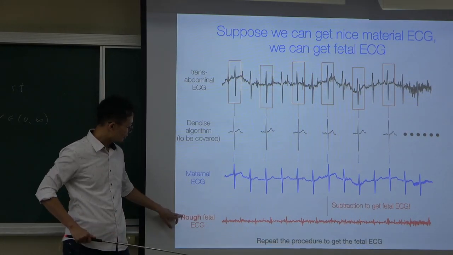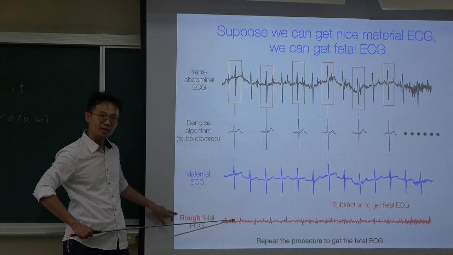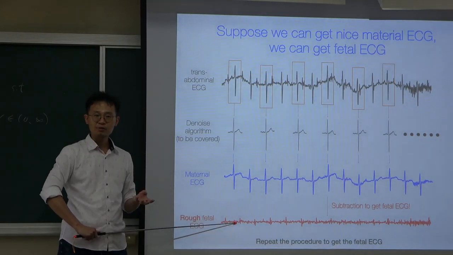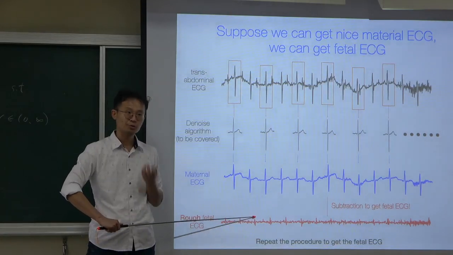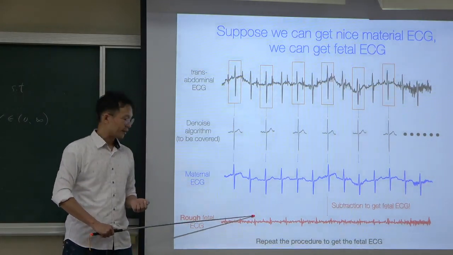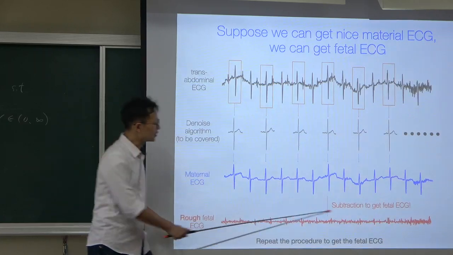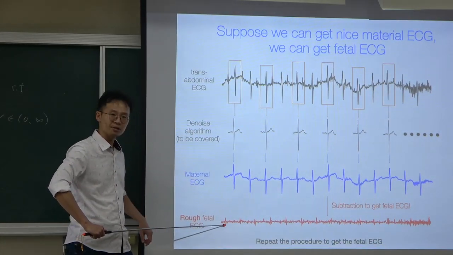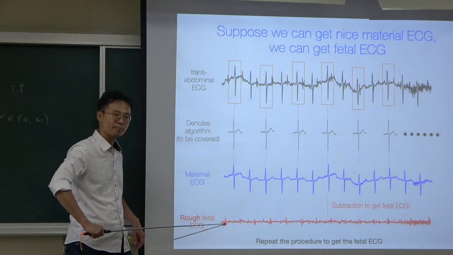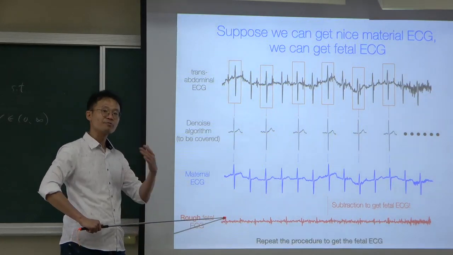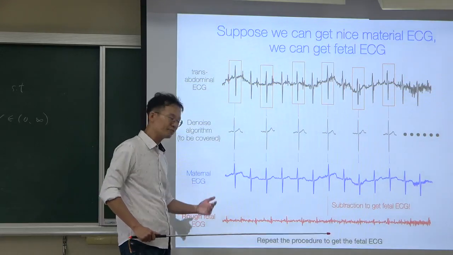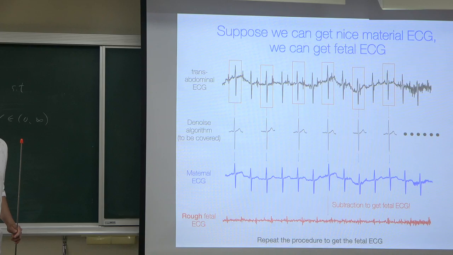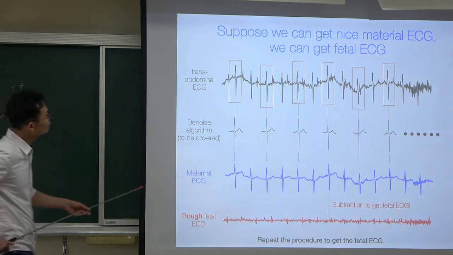This is called rough because what we get in the remaining part will not only be fetal ECG, but also the true noise. And our goal is to further iterate the algorithm and recover the fetal ECG. That is, we will further remove the noise, so that we can recover the fetal ECG. Okay, so that will be the overall structure.